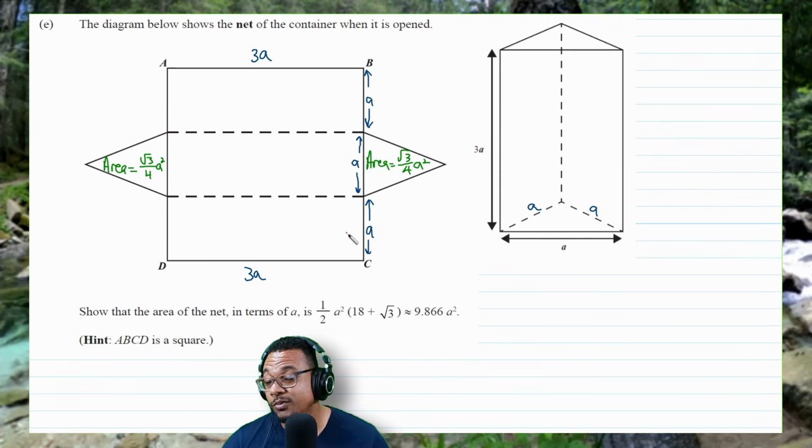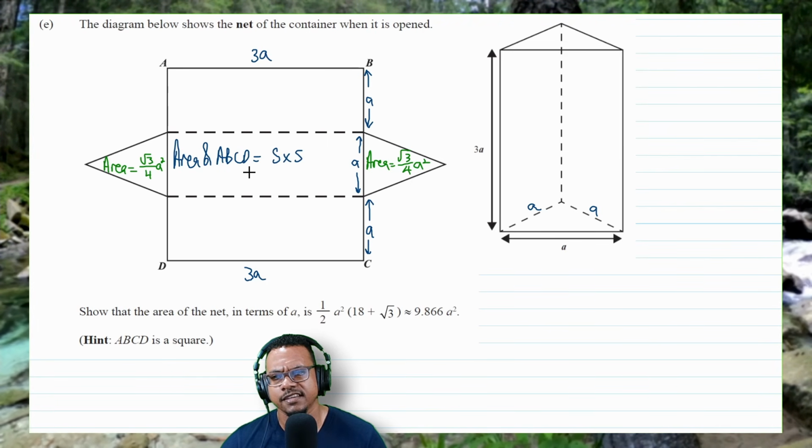So the area of the square will just be side by side, which is 3a times 3a, which is 9a squared. So if I want, I could write area of ABCD is equal to side by side, which is 3a times 3a, which is equal to 9a squared.